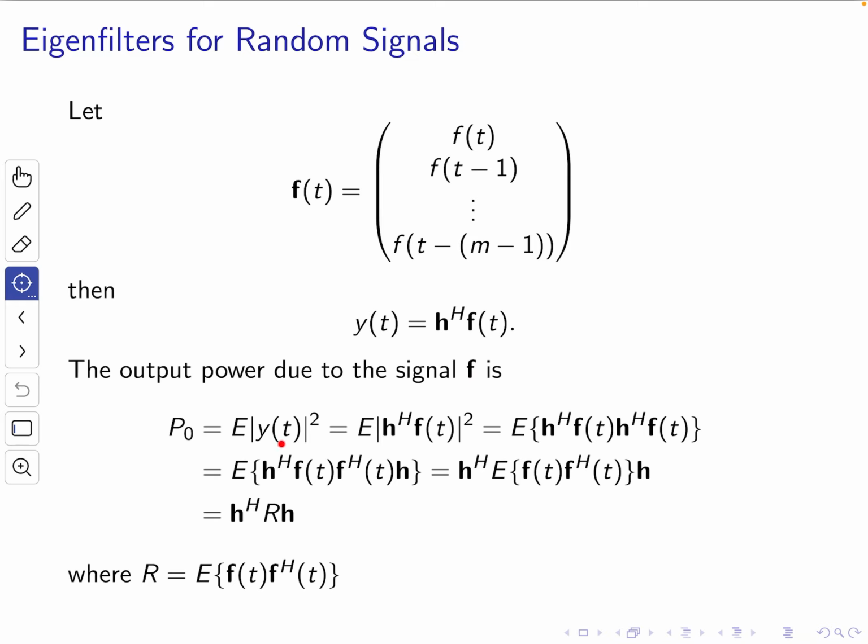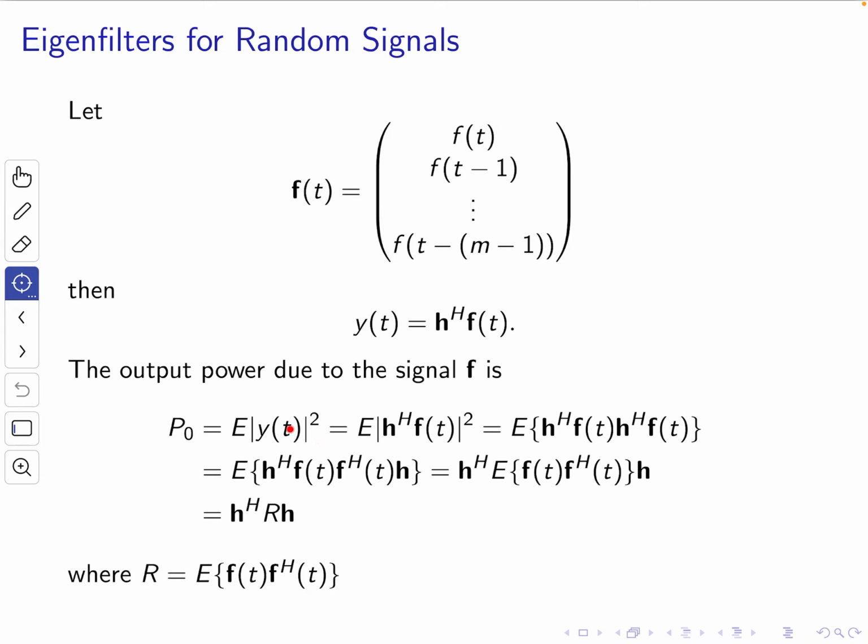It's the expected value of Y squared when there's no noise, so when we only have F. So the power of the output due to the signal is the expectation of Y of t squared.